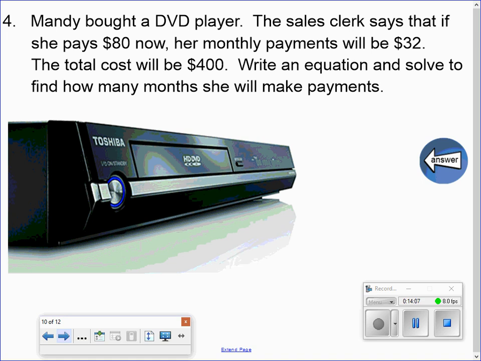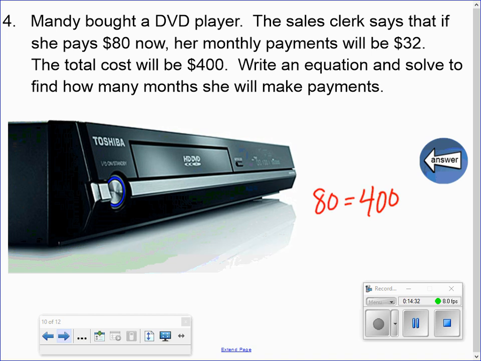Here we have Mandy bought a DVD player. The sales clerk says that if she pays $80 now, her monthly payments will be $32, and the total cost will be $400. We want to write an equation and we want to solve to find how many months she will have to make payments. So we know that the total cost is $400, and we know that if she pays $80 now, so she makes an initial amount of $80, her payments will be $32 a month.